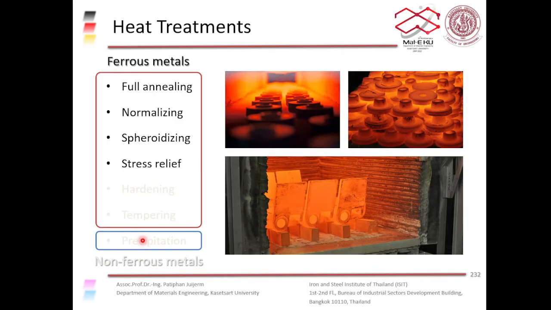Okay, so let's have a look at the heat treatments of ferrous metals, and we will take steels as our example. The reason why we are taking steel as our example is because steels are one of the widely used engineering materials in the world today, right?